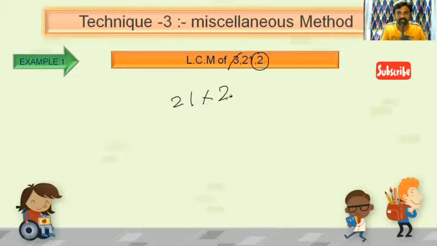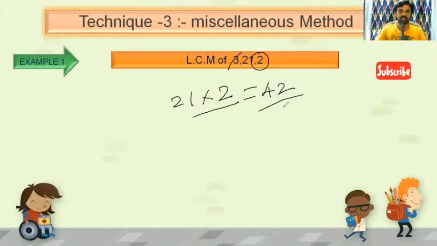If it is co-prime, then we multiply. If it is not co-prime, then there will be another process, which I am going to explain in example 3. In this case, as it is co-prime, I directly multiply to get the LCM. 21 times 2 is equal to 42. The 42 is the answer.